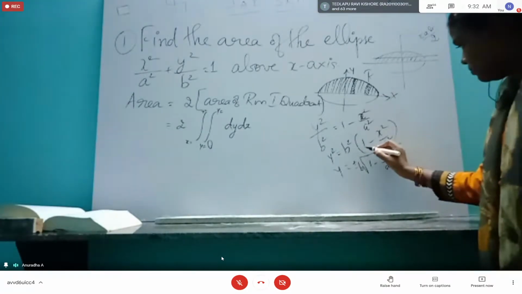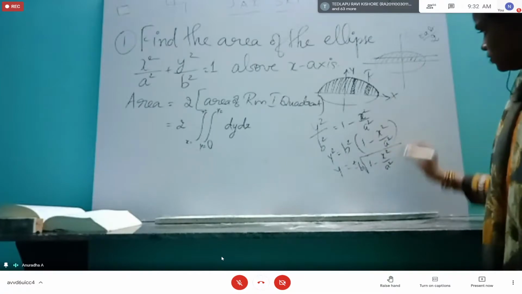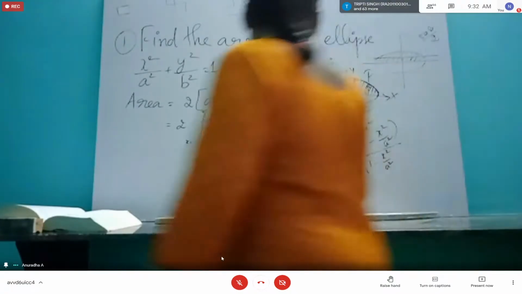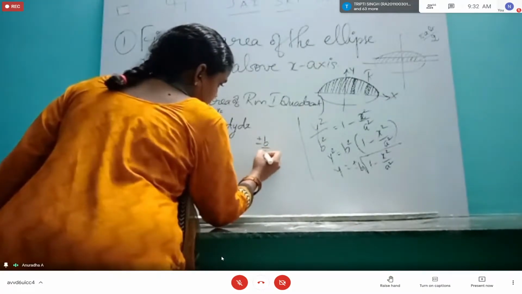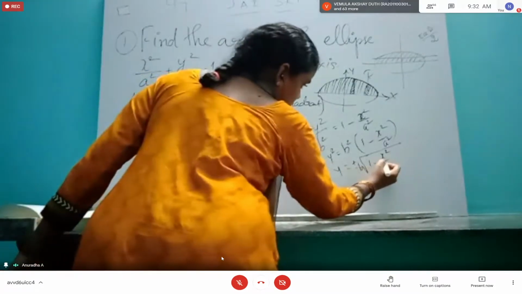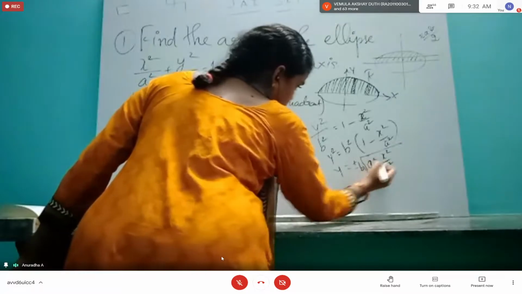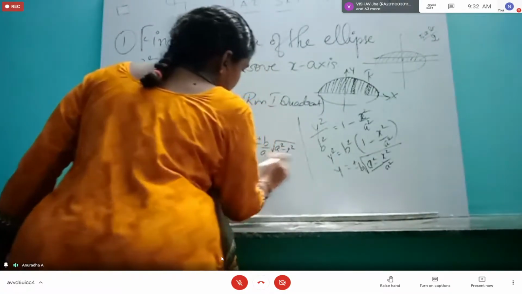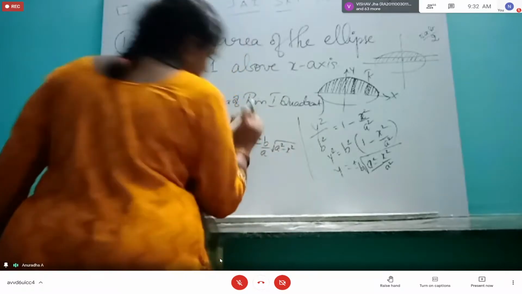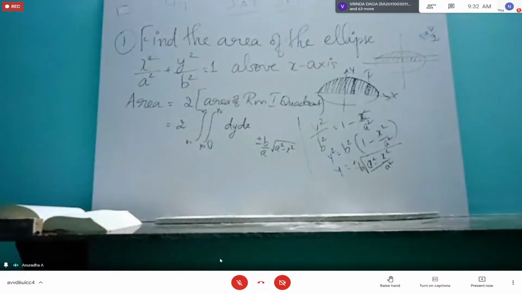If you want, we can take the LCM here to make it simpler. So it will be plus or minus b by a, root of a square minus x square. From here I am taking the LCM, so a square minus x square by a square will be inside the root, and I have taken the a out. So these will be the limits for y.